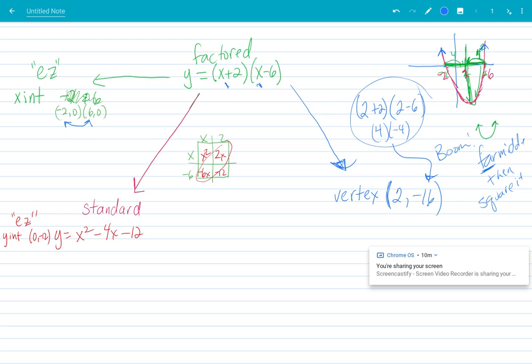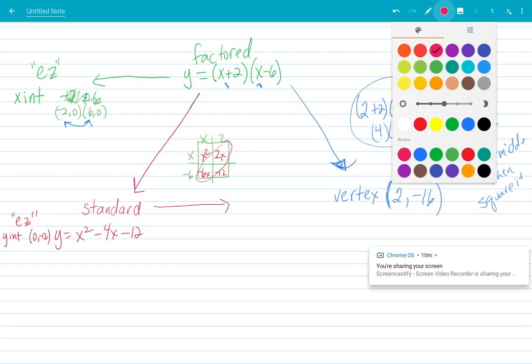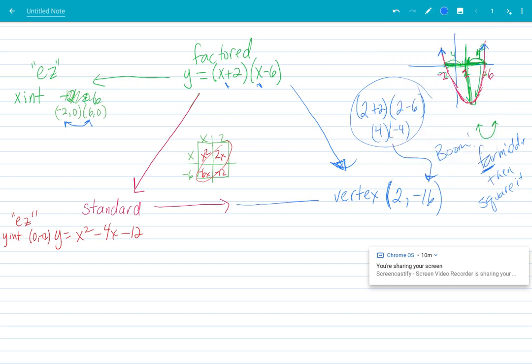Okay. So we have all three methods. So today we are going to focus on going from red to blue. We're going from here and ending up here. This is our focus today: from standard to vertex.